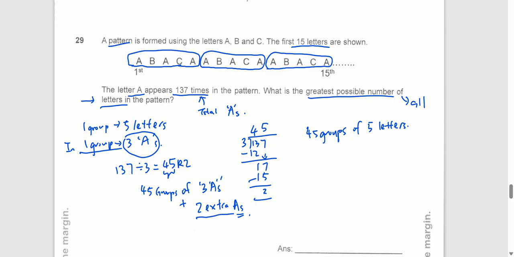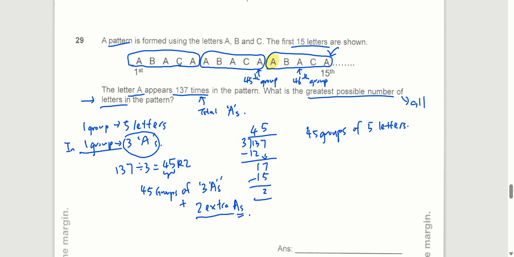So if you look at, say for example, this unit, you have 2 extra A's. Let's say this is the final group, the 45th group. Then the next one will be the 46th group. But we don't have enough to make the 46th group. You have only 2 extra A's.